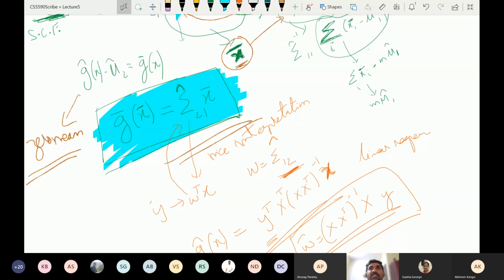Now, did any one of you imagine that if I model the joint as Gaussian, then the corresponding Bayes optimal will turn out to be a linear function? Did anybody guess? No, right? I'm really asking this question. No, sir.